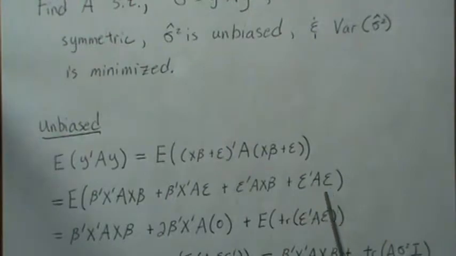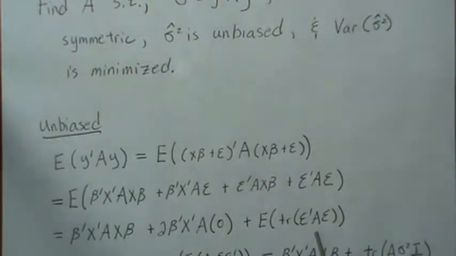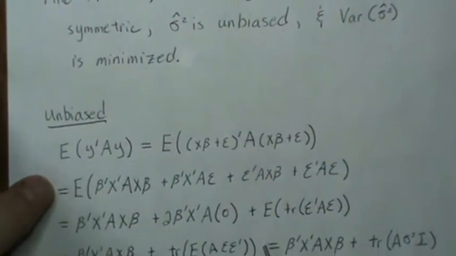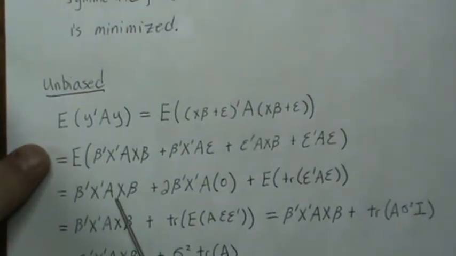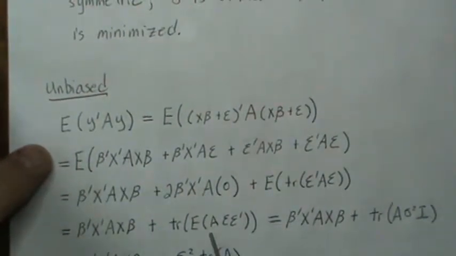And since this is a number, we can take the trace of it, because the trace of one number doesn't change anything. And when you take the trace, you can rearrange the matrices in here. It has to make sense. And then we'll retake the expectation. So that's what I do here. This comes down, that's 0.